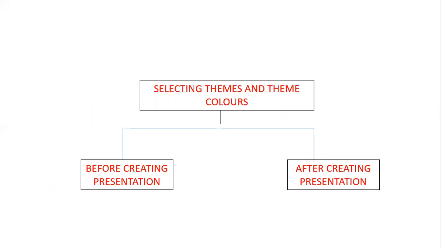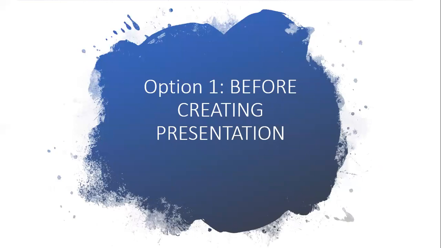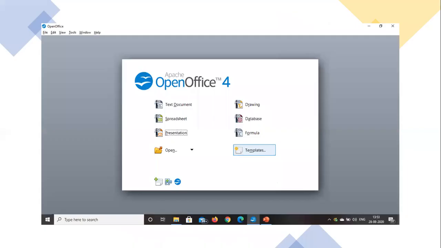Next, option one. Today we are going to see how we can select the themes before creating the presentation. Whenever we open the OpenOffice Impress application, first of all the window appears like this. This OpenOffice Impress has been developed by Apache company. See here, it is mentioned Apache OpenOffice 4.